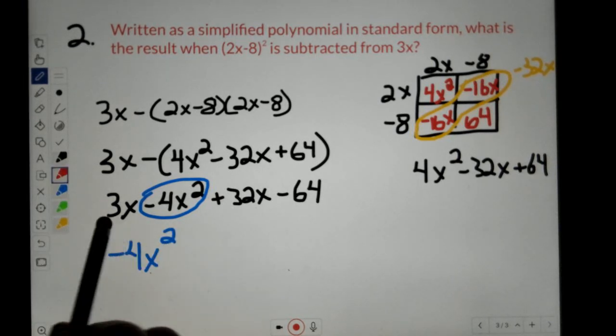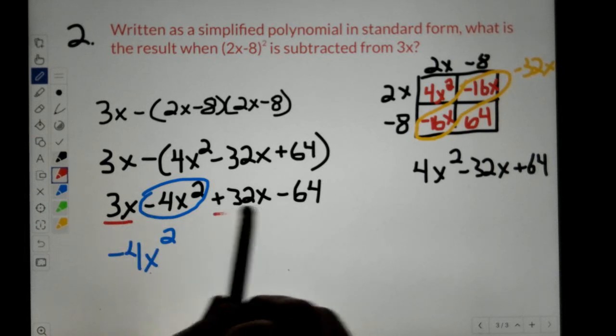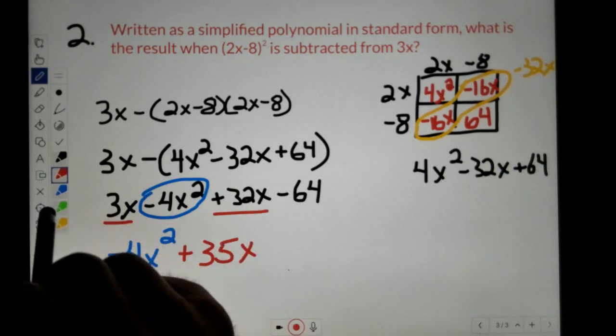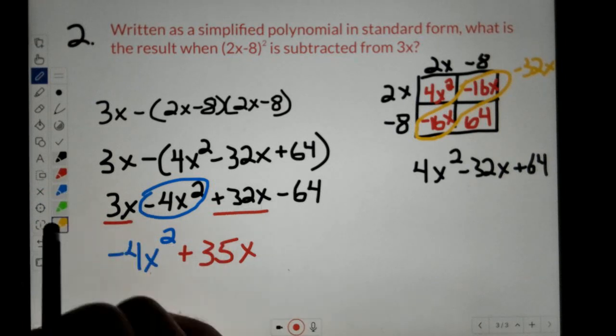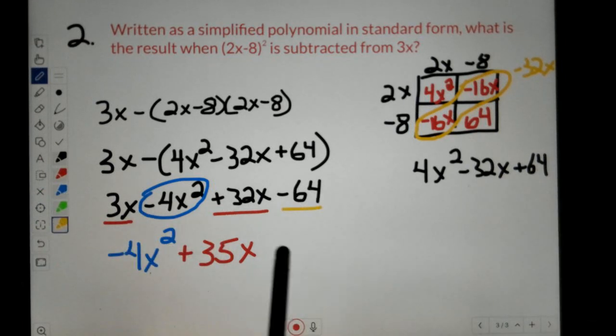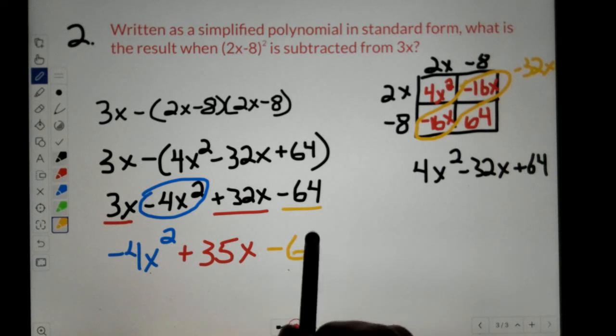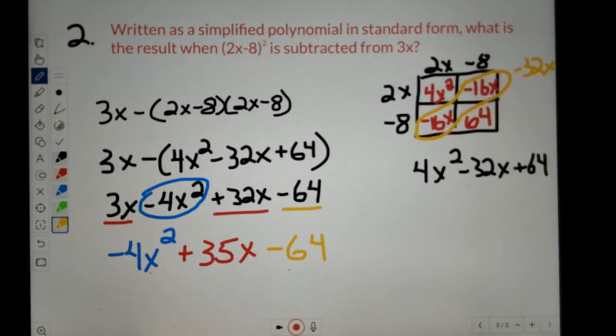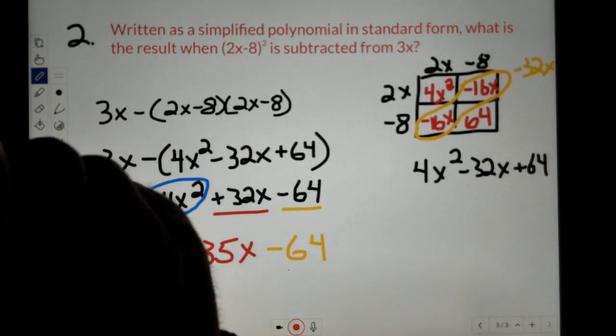Okay, then we have a 3x and a 32x. Well, 3x plus 32x is 35x, so we're going to write plus 35x. And then finally, at the end here, we have a negative 64, so we put minus 64. And that would be our final answer because it is written as a simplified polynomial in standard form.